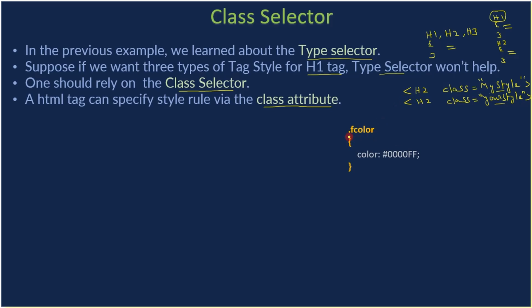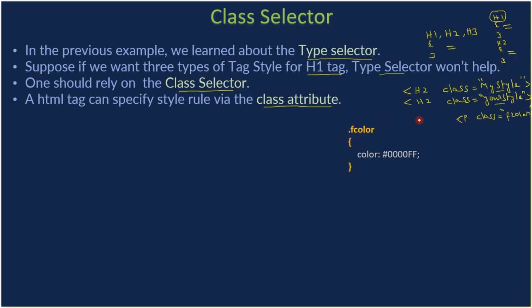Here, to make use of the class selector, you have to use the dot fcolor. The dot notation specifies the class, so it can be applied to any tag. For example, a paragraph with class equal to fcolor. That's how the HTML will make use of this specific style selector.